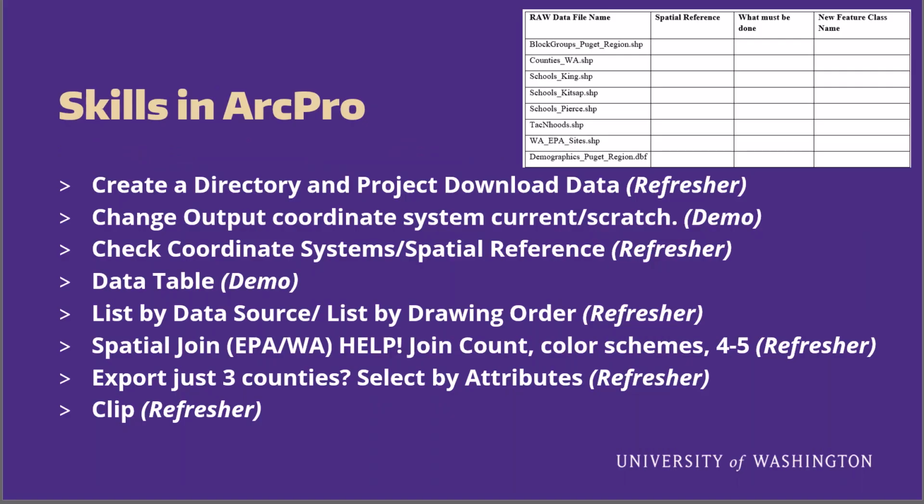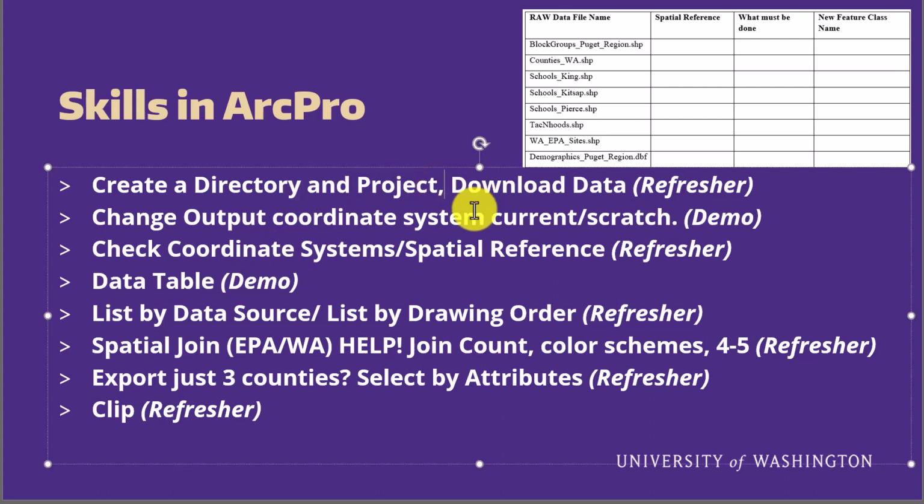Some skills in ArcPro that you'll be doing in this lab, and some new demos that will be done in person. Create a directory and project, download, or end your project, and then download your data. There should be a comma there. That should be a refresher. Change the output coordinate system, current and scratch workspaces. I'll give you a quick demo on that.